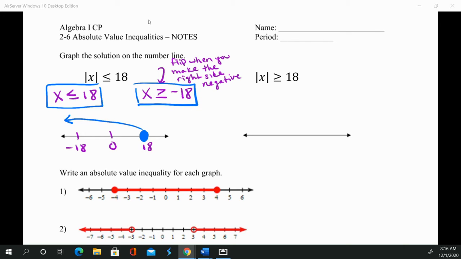For x is greater than or equal to -18, it would be closed at -18, shaded to the right. Because there is an overlap of the shading, the solutions are the values in between -18 and +18, including those two endpoints. So this is an and compound inequality because we had the two overlapping shaded regions.